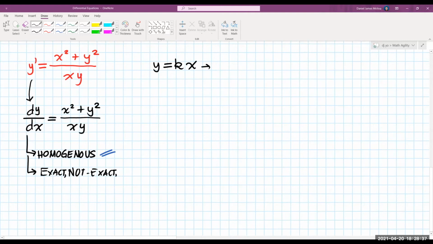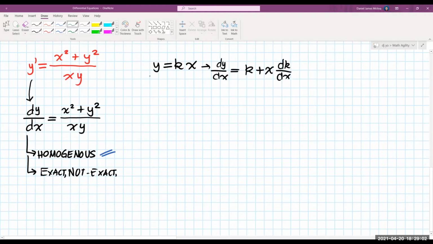So for the left hand side, we have dy over dx. And then on the right hand side, we'll use the product rule. Differentiating with respect to x, we have k times the derivative of x, that is 1, plus x times the derivative of k, dk over dx.